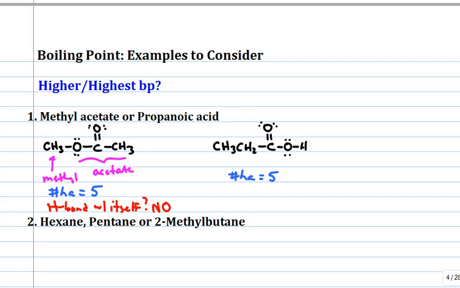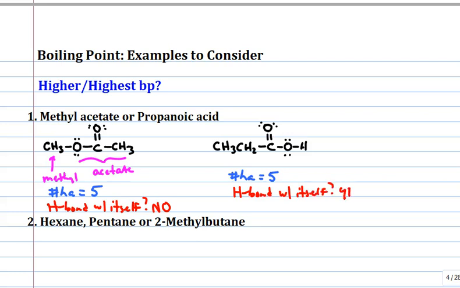There is no donors in methyl acetate. You cannot form a hydrogen bond between two methyl acetate molecules. And that tends to lower boiling point. So here we go. Now, propionic acid. H bond with itself.